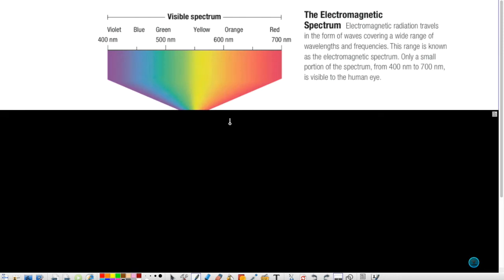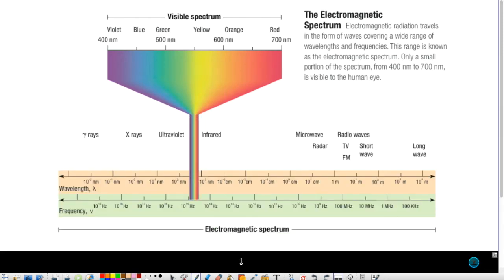So all electromagnetic radiation combines to form the electromagnetic spectrum. And you can see that visible light is really just a very, very small section of the full electromagnetic spectrum. You'll notice that this goes down to 10 to the minus 2 nanometers. Remember, nanometers are 10 to the minus 9 meters, all the way up to 10 to the 4th meters, which is like 10 kilometers.